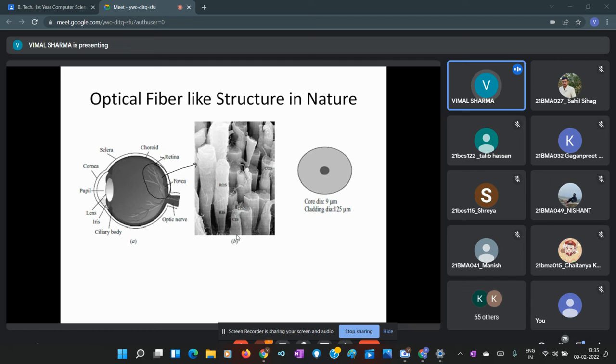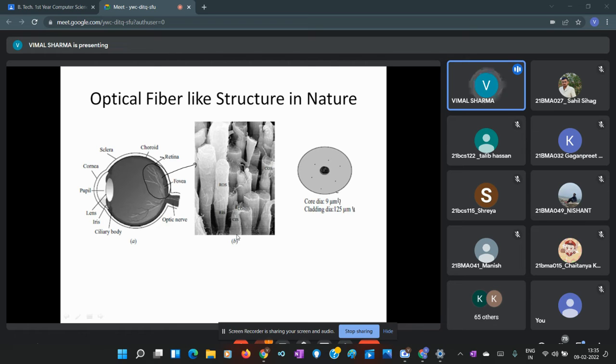What is the structure of optical fiber? In optical fiber, we have an inner part with a higher refractive index than the outer part having lesser refractive index, and this is a dielectric material. And what is their size? It is micrometers. Exactly the same is true for these rods in your retina.